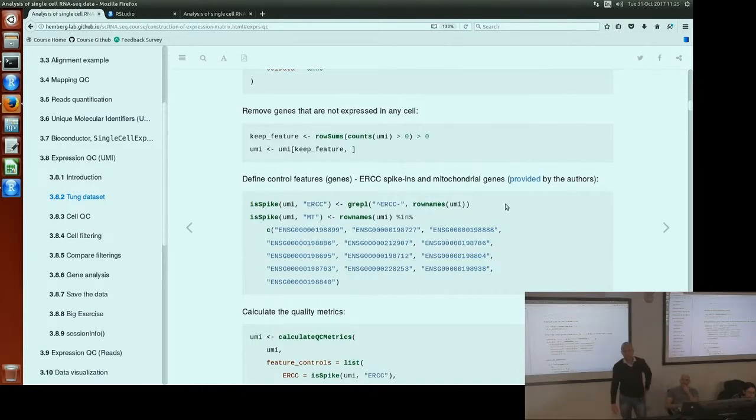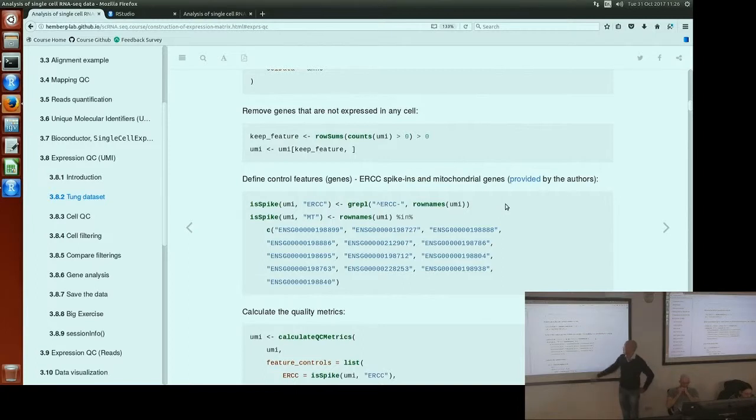So here you are using the unique molecular identifier. Yes. As that's your key to get the expressed genes, is it right? Could you repeat the question? You are using the UMI as your key to get the expressed genes or the expressed cells.